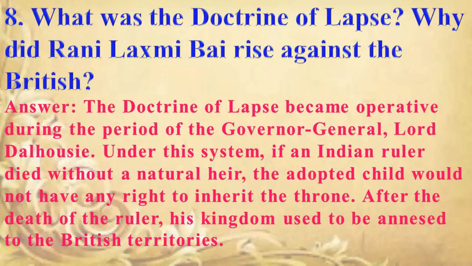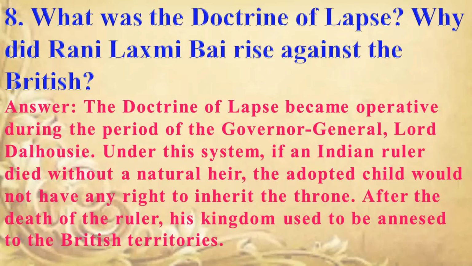What was the Doctrine of Lapse? Why did Rani Lakshmi Bai rise against the British? The Doctrine of Lapse became operative during the period of Governor-General Lord Dalhousie. Under this system, if an Indian ruler died without a natural heir, the adopted child would not have any right to inherit the throne.